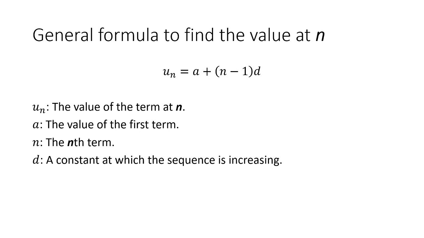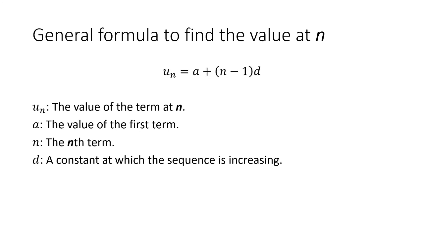So un is the value of the nth term. A is the very first value of the very first term. N is the nth term, so n equals 1, n equals 2, n equals 3.